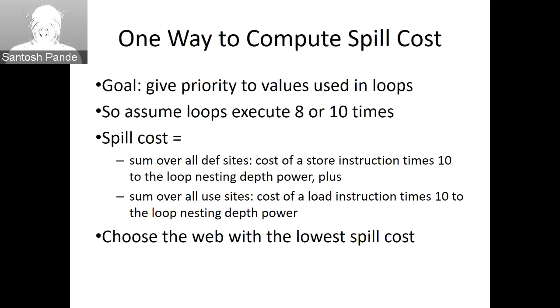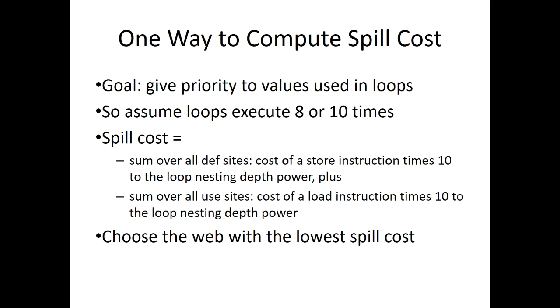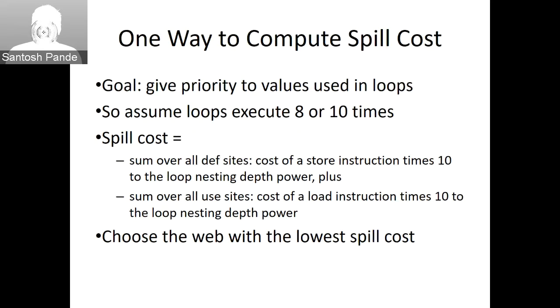So we want to give higher priority to webs which go through processing in the loops. So we assume that maybe each of the loops executes 8 or 10 times, and this is how we compute the spill cost.